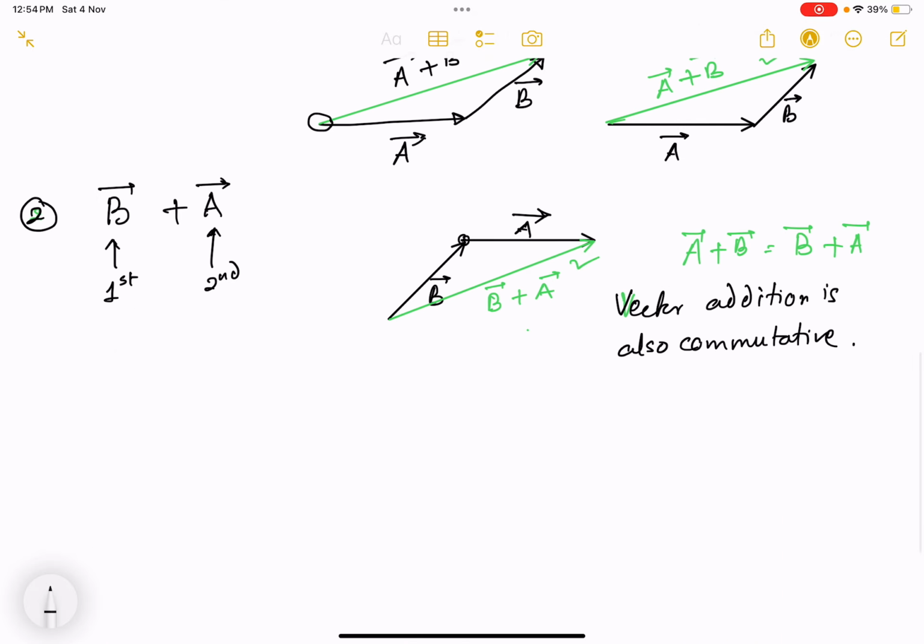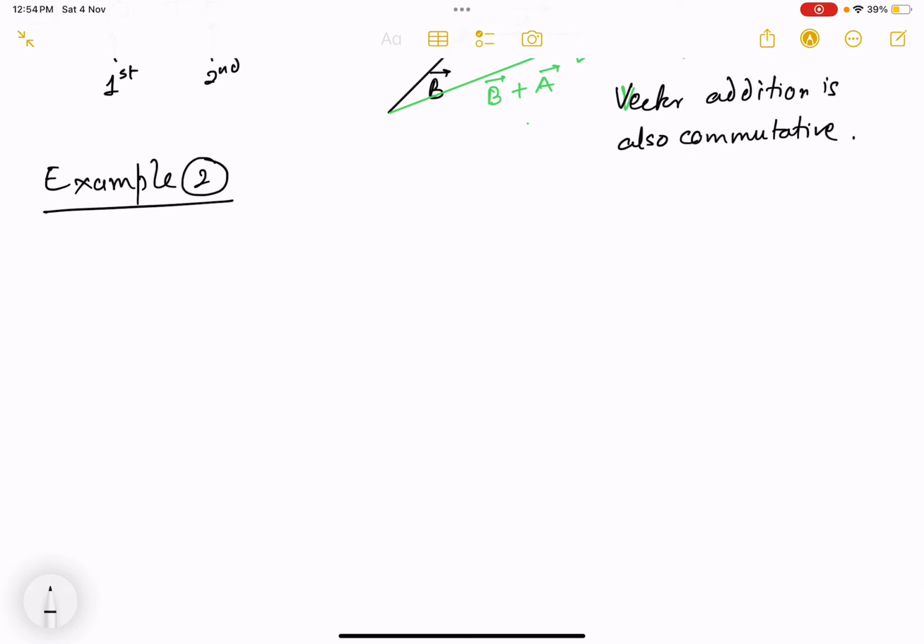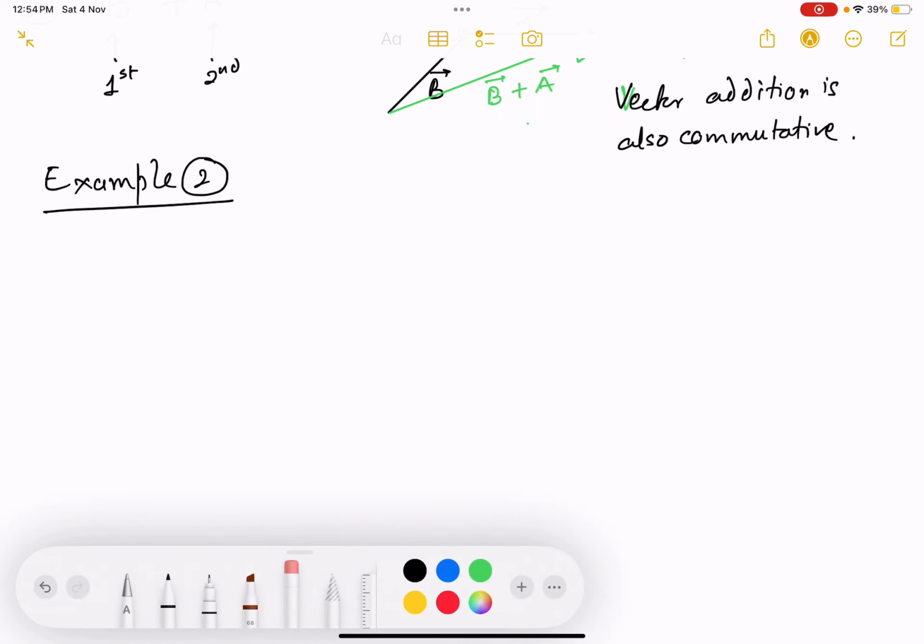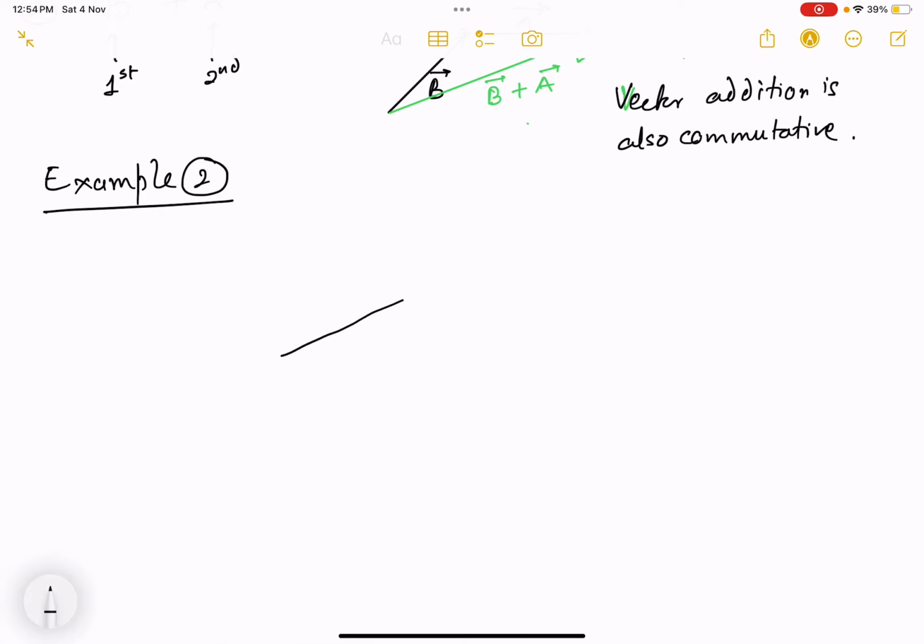So that is what it means, commutative. Do we take one more example? Example 2. What is example 2? Let us take two vectors. Let me take a vector P. This is vector P. Okay?